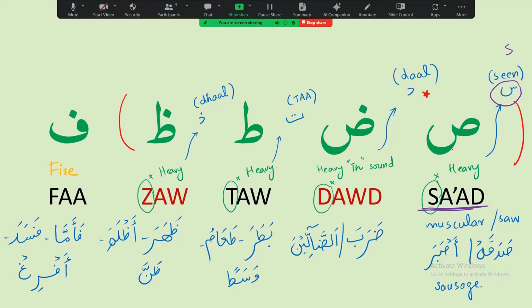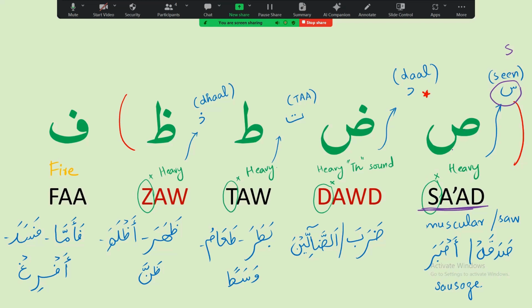So with regards to Arabic, whenever somebody tells you that this letter is a heavy letter, the first thing that should come to your mind is that to make any letter heavy, we raise the back part of our tongue towards the palate, and that is how our mouth gets filled with air, and as a result, we hear a heavy sound.